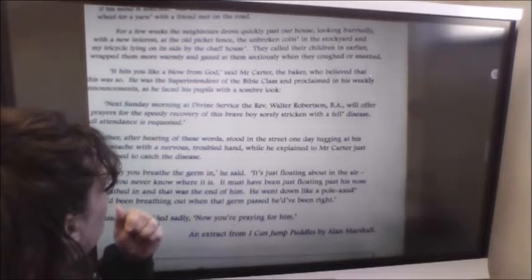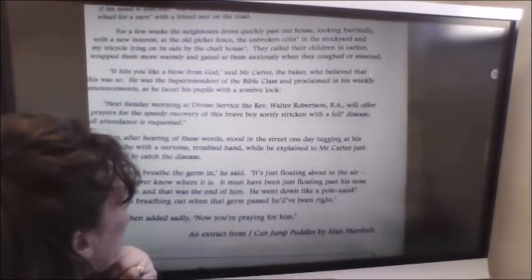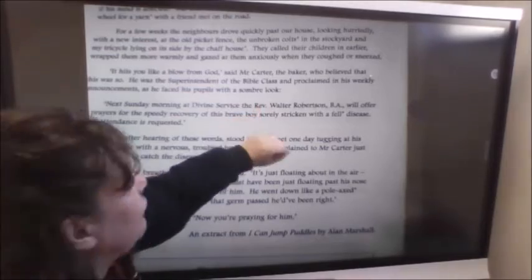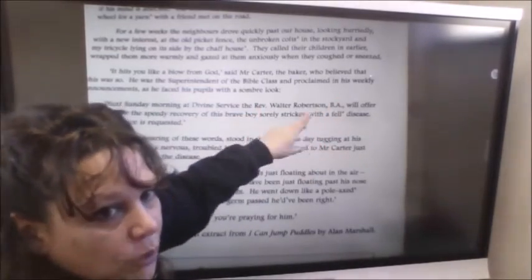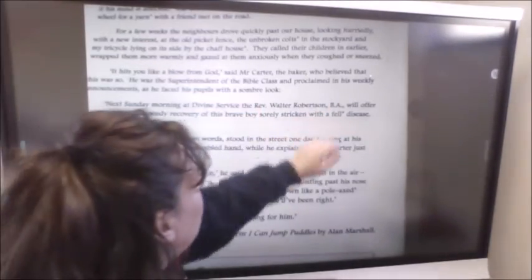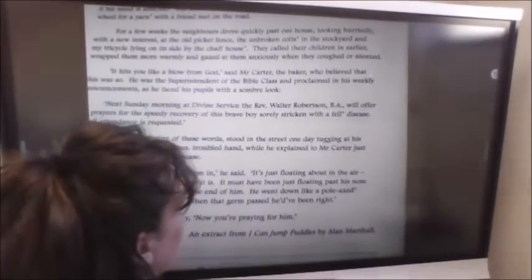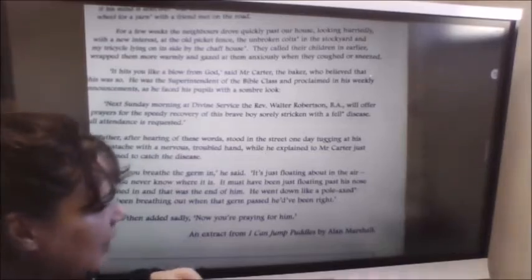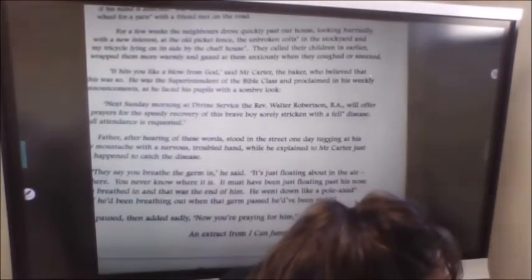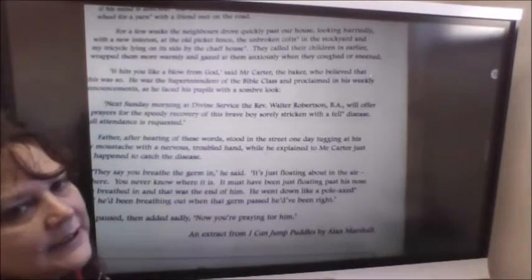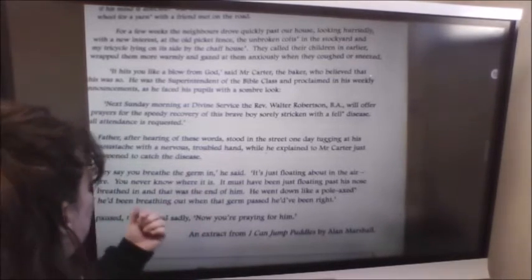So next Sunday morning at Divine Service, the Reverend Walter Robertson, so Reverend Walter, Rev is short for Reverend, BA, so that tells you he's gone to university, he's a Bachelor of Honours, will offer prayers for the speedy recovery of this brave boy sorely stricken with a foul disease. If we have a look at your glossary, foul says deadly, okay, a deadly disease.